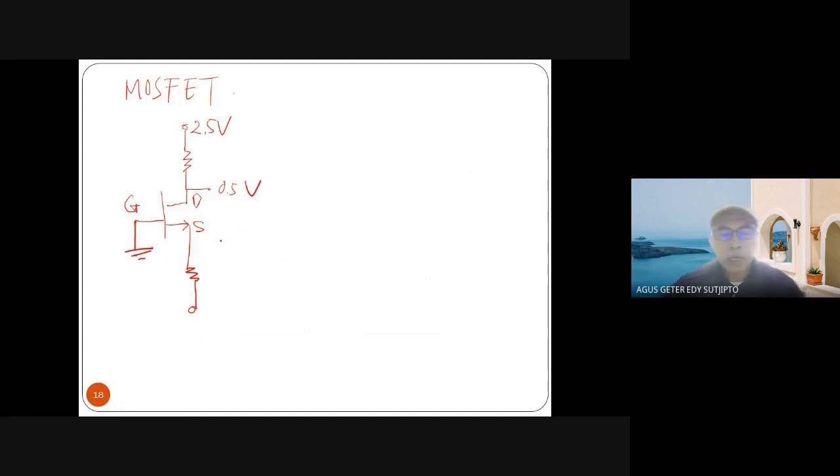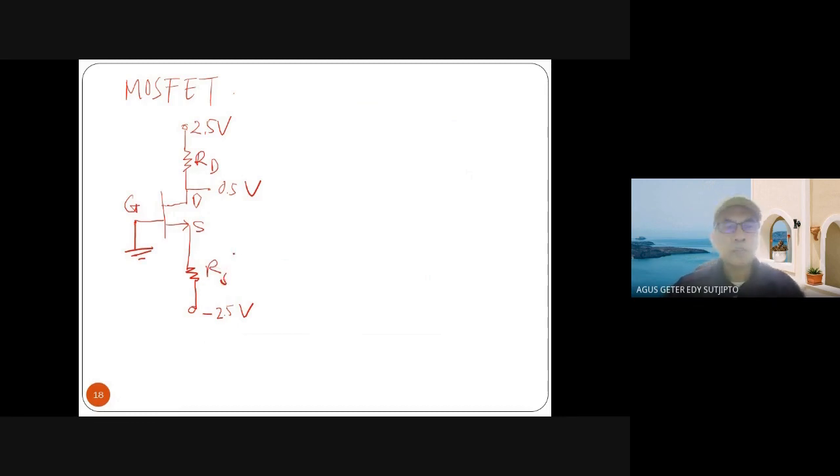Then in this point, the voltage is 2.54. In this point in D, VD is 0.54, and at the bottom, the voltage here is 2.544.